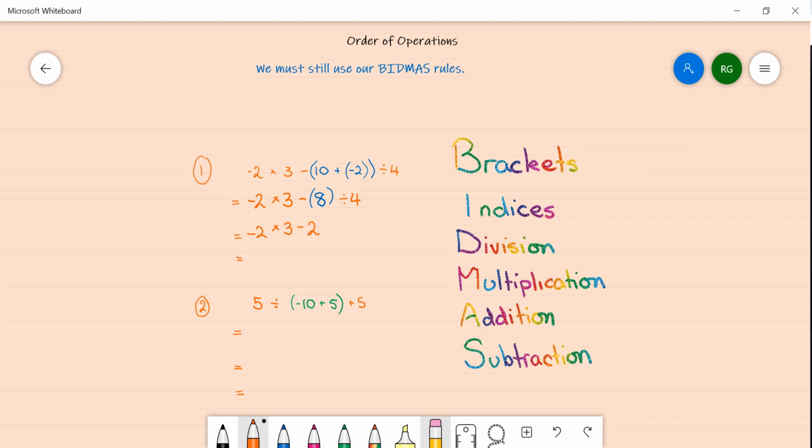Now, we look at what is the next part we do. There are no more division parts. We do multiplication next. -2, don't forget the negative. -2 multiplied by 3, or multiplied by +3. Remember, we don't need to write the positive symbol. So a negative times a positive is a negative. So we'll put our negative in. 2 times 3, 6.